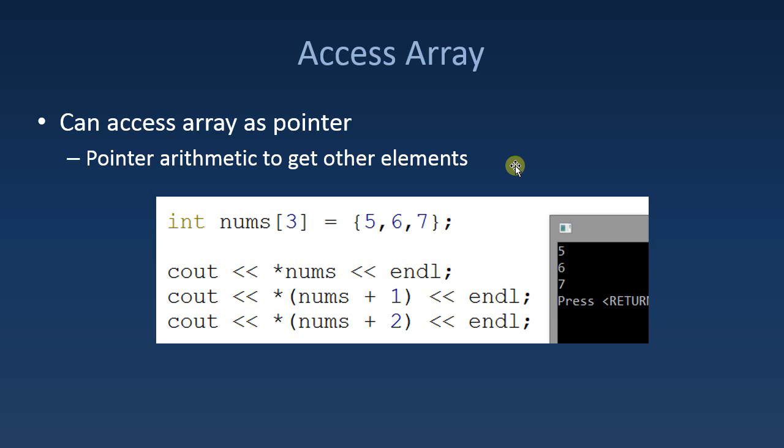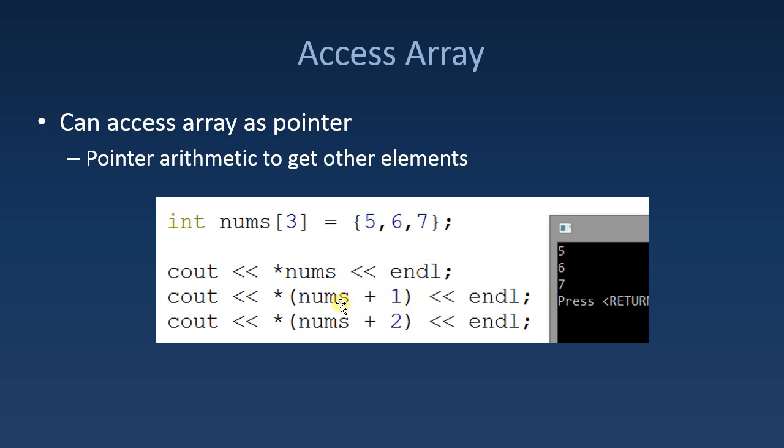Because these ideas are so closely related, you are absolutely free to take something that you declare as an array, so nums here is an array of size 3, and treat it like a pointer. If I ask for nums, I'm getting the memory address of this array, and if I dereference that, that's giving me the first element, 5.